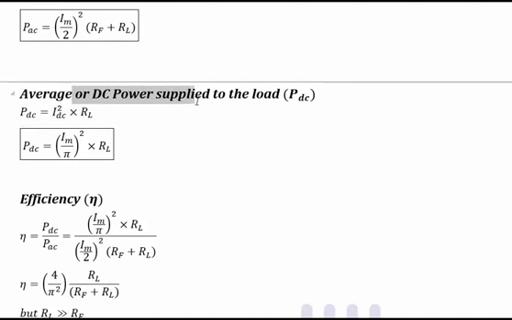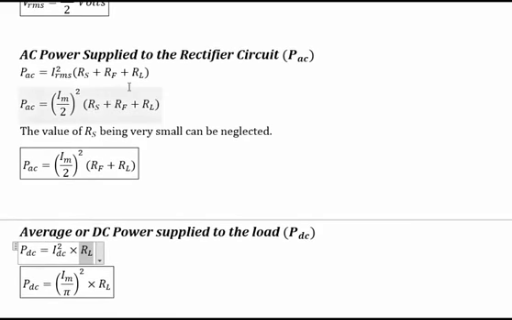And in DC, when you see from the output of the rectifier, because the power given to the load is given by the output of the rectifier, you will see only RL, not RS and RF. But this will not make much change, because the values of RS and RF are very much less as compared to RL, so they can be neglected.